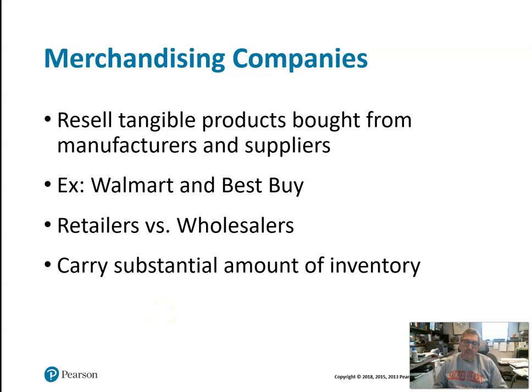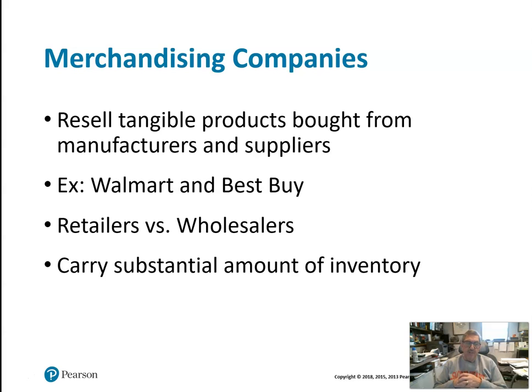The next type of company that we'll be dealing with along the way here are merchandising companies. Merchandising companies are companies that deal with manufacturers, but they don't actually manufacture a product themselves. So merchandising companies can either sell manufacturers' products to other businesses or sell manufacturers' products to end users. If a company sells to other businesses, they're typically called a wholesaler.